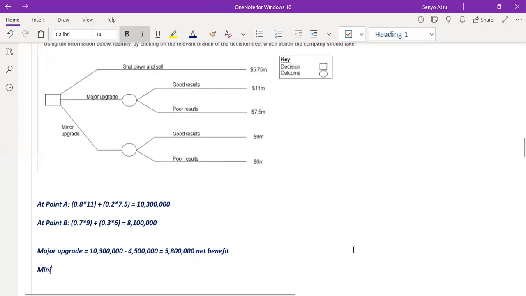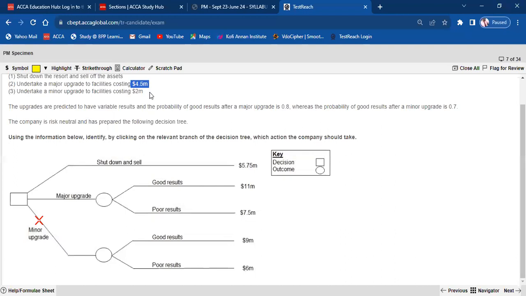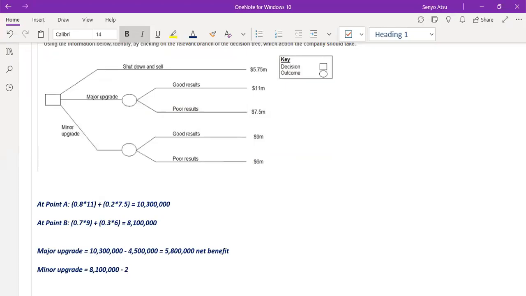But when we do a minor upgrade, where the expected value is 8.1 million, but the minor upgrade costs 2 million, so you take out 2 million from the benefit. I hope that math is right. Yeah, 6.1 million net benefit.